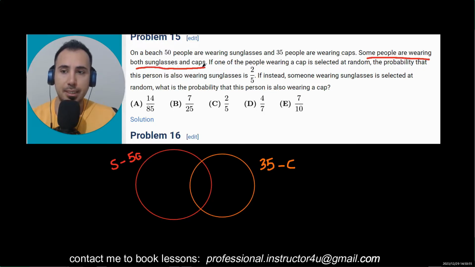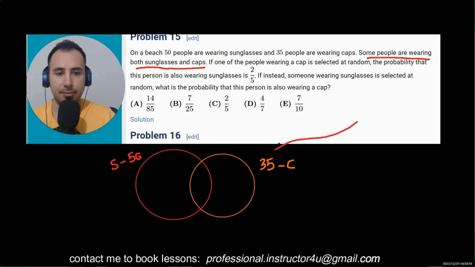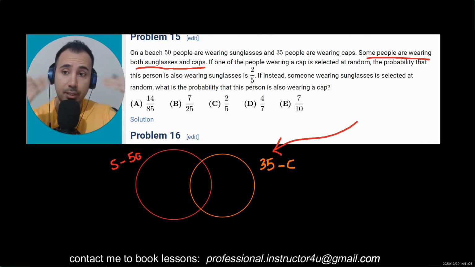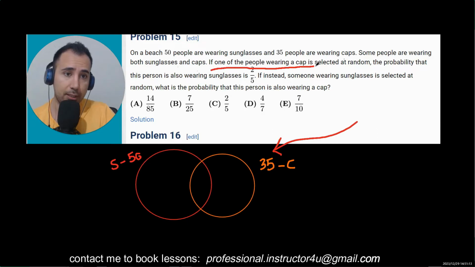When you just read this sentence in any test, immediately you have to think of this diagram. Or even if you don't want to draw it, you have to think about it and imagine it the same way. Now, the most important sentence: if one of the people wearing a cap is selected at random, that means we're focusing on the orange circle.